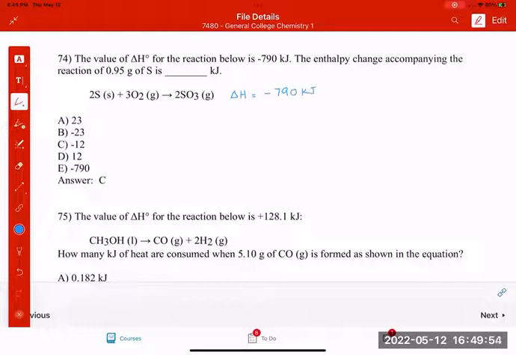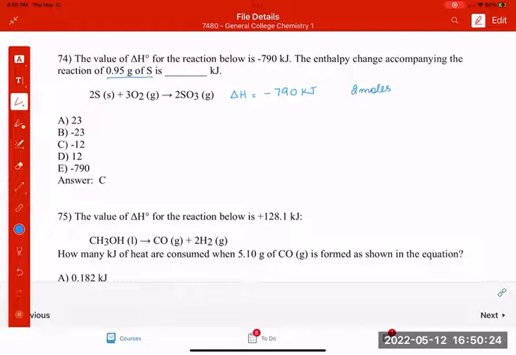So this one is given. Keep this in mind that this is for sulfur. So 2 moles of sulfur.